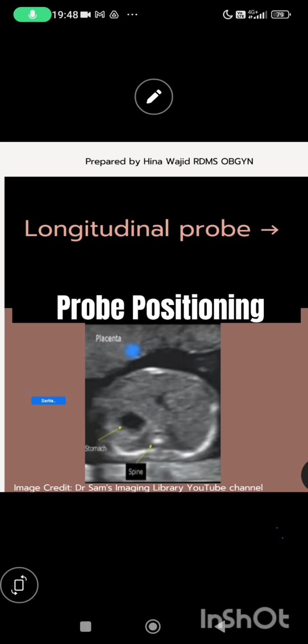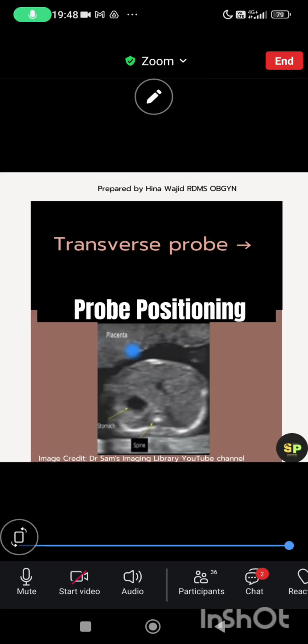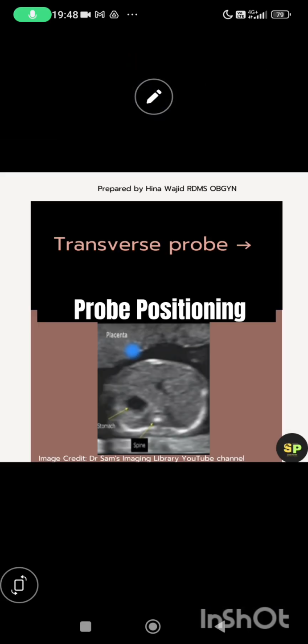Yes. And because here it's a clockwise relationship, the head is toward maternal right side. Yes. Okay. What about this one? Cephalic. Yes, cephalic. Transverse probe and their relationship is clockwise. It means it is a cephalic fetus.